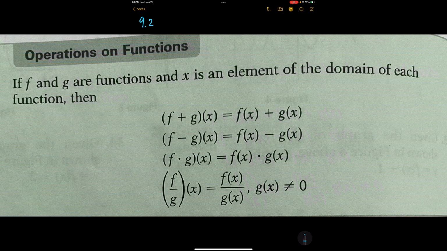If f and g are functions of x, and x is an element of the domain of each function, then basically you can write (f plus g)(x) equals f of x plus g of x, (f minus g)(x) equals f of x minus g of x, (f times g)(x) equals f of x times g of x, and (f over g)(x) equals f of x over g of x.